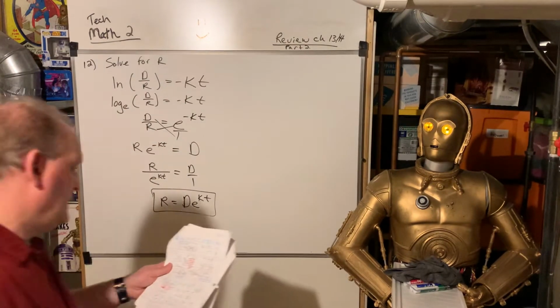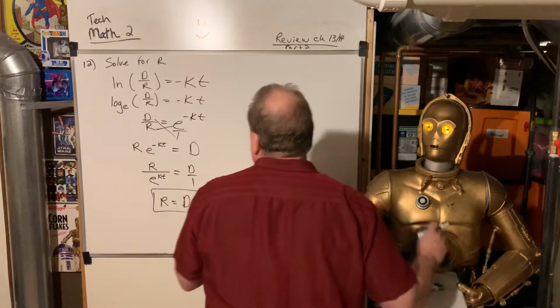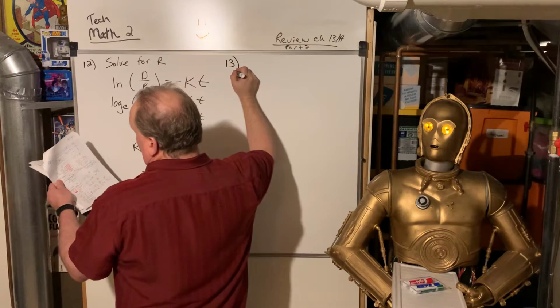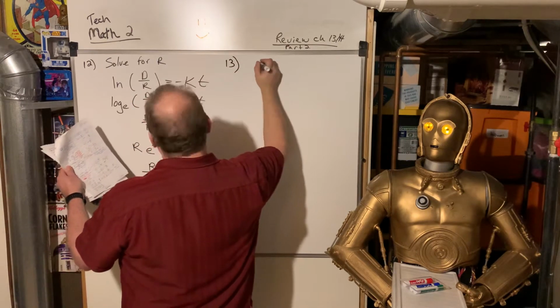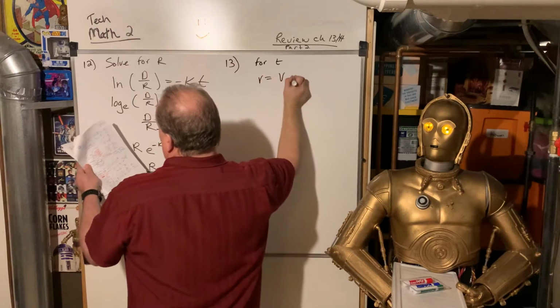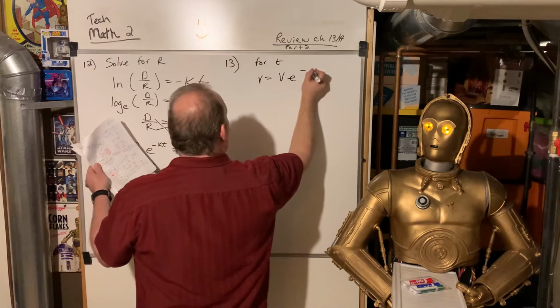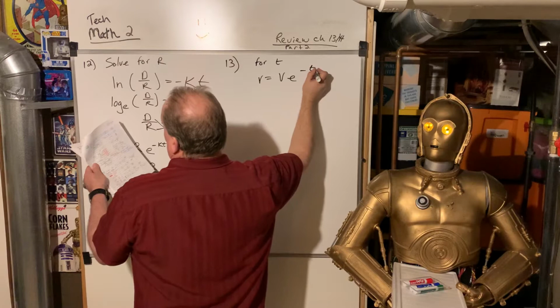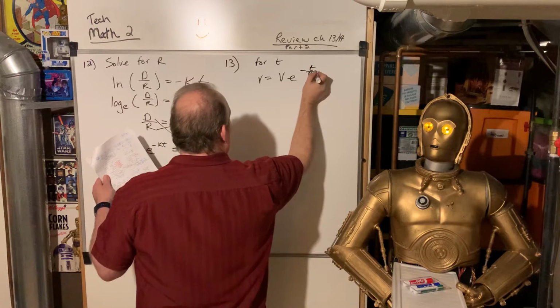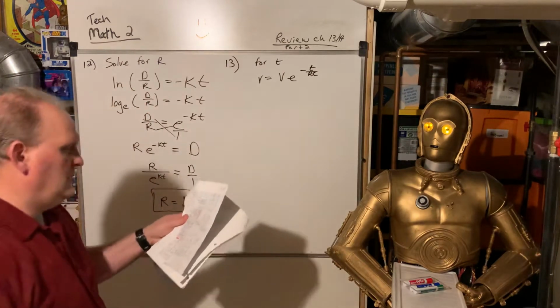All right, let's take a look at number 13. Number 13 is solve for t when v is equal to V e to the negative t over RC. What a weird problem.